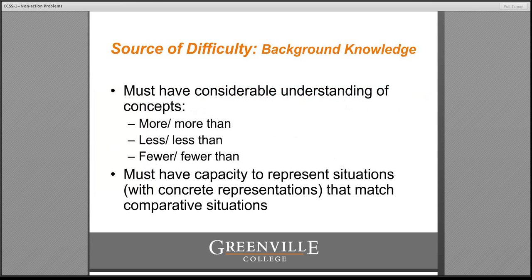All right, we're going to take a look at the source of the difficulties for compare problems so that we can think about how to best support students. Background knowledge. If children do not have understanding of more than, less than, fewer than, then clearly they're just going to crash and burn when it comes to compare problems. So I strongly suggest at the beginning of the year playing games like more and compare, which I've included in teaching resources, both for Lesson A and Lesson C this week.